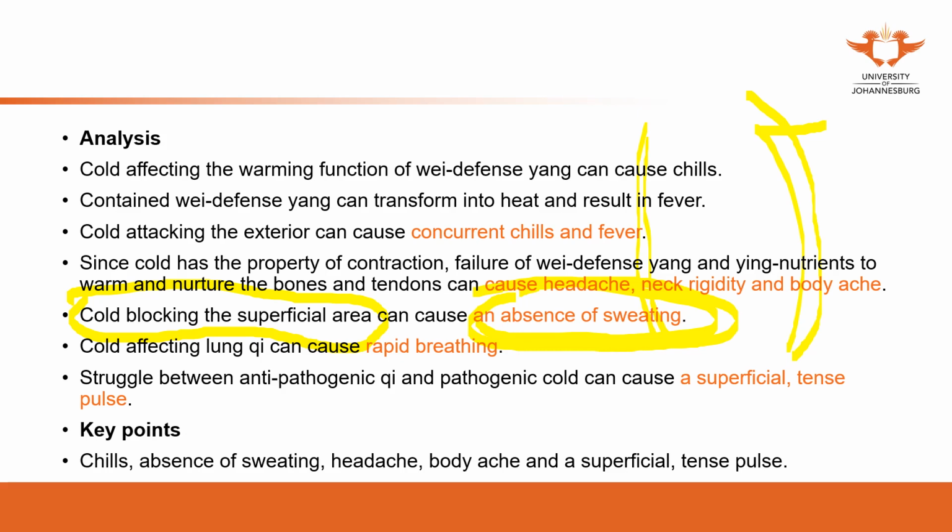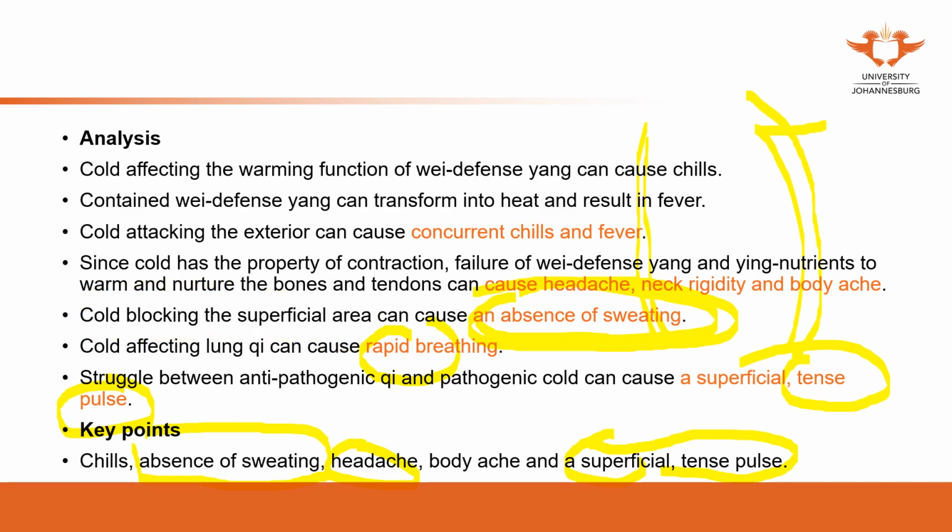The patient may present with rapid breathing and tense pulse because of the coldness. So the key manifestations will be headache and superficial tense pulse, and in this case the patient will have no sweat.